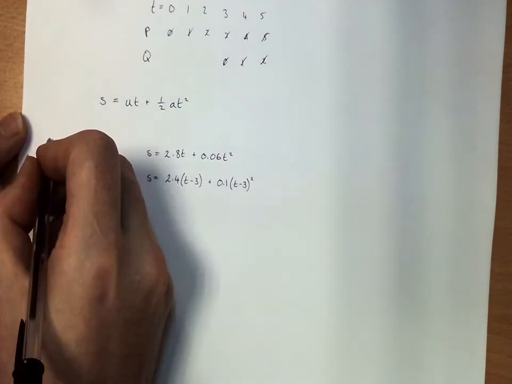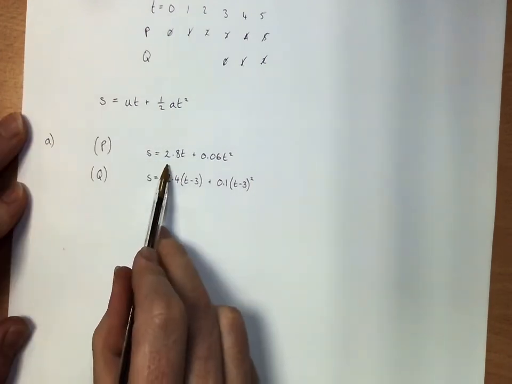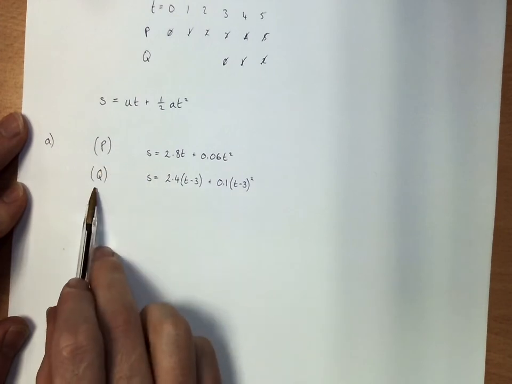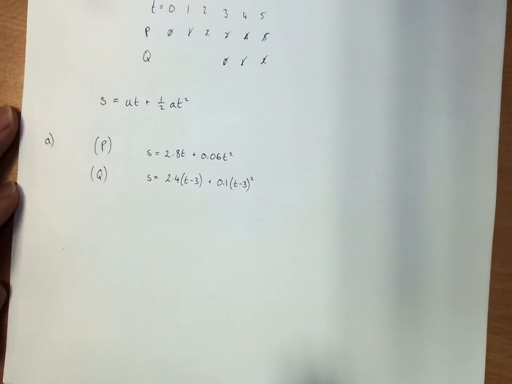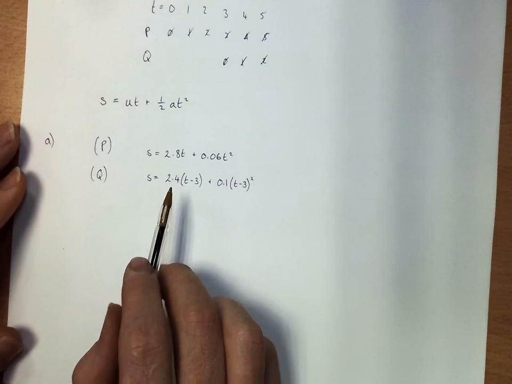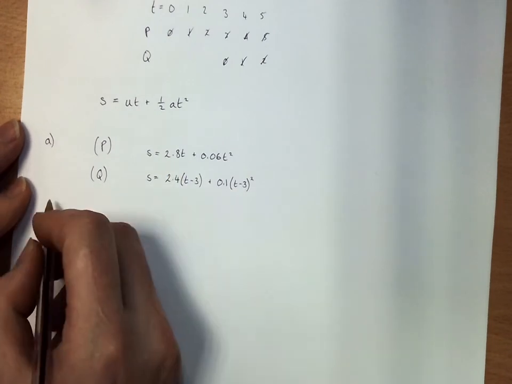So this is the answer to A. This is the displacement for P, and this is the displacement for Q, given that we're using time when the first particle went past. In part B, they want you to find where they meet and show that this can be expressed as a certain quadratic. So in other words, they will meet when you solve this simultaneous equation.